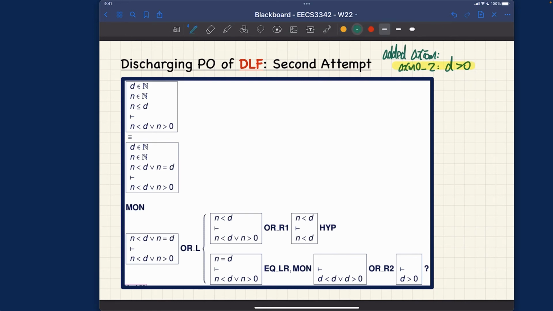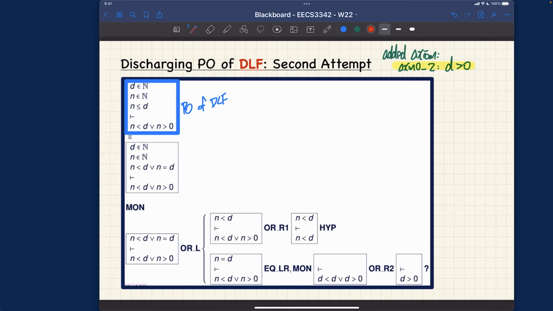First of all, we started with this proof obligation. Think about this one over here as the proof obligation for deadlock freedom, right?